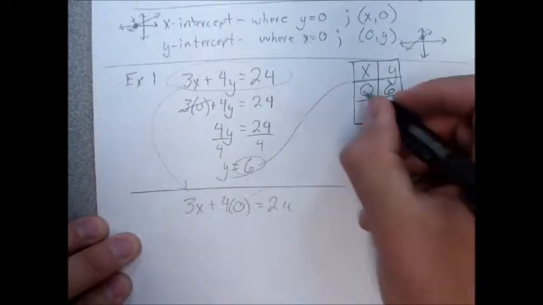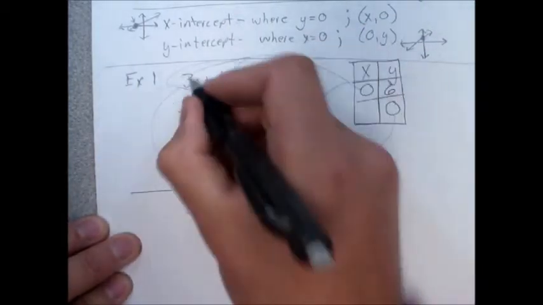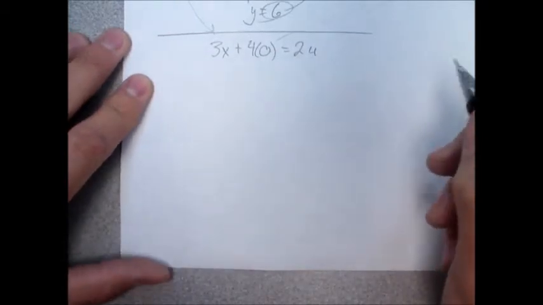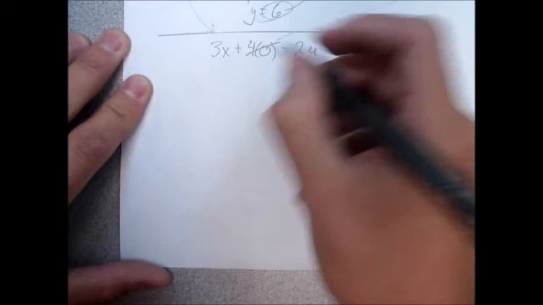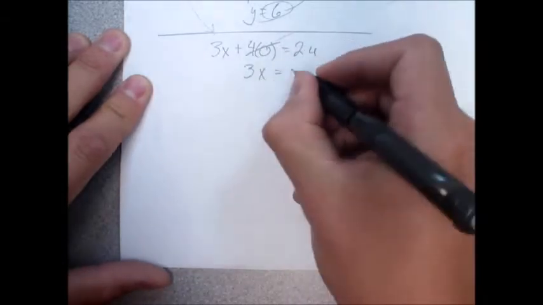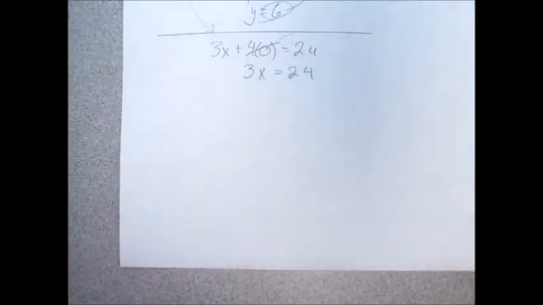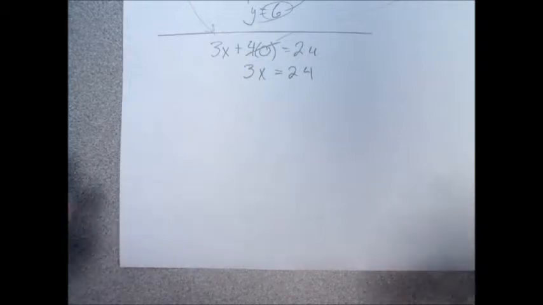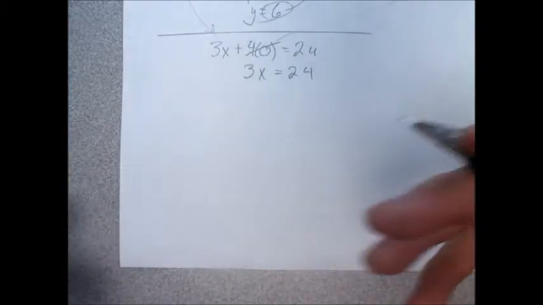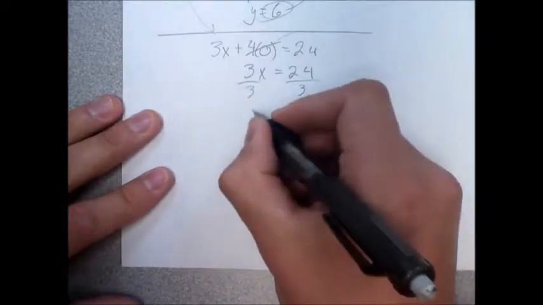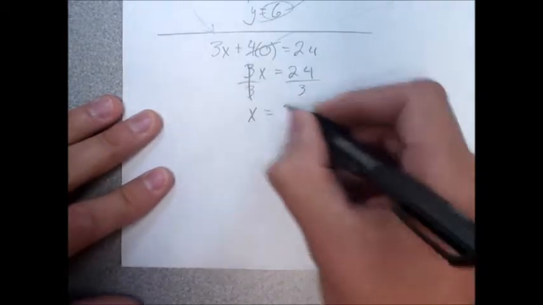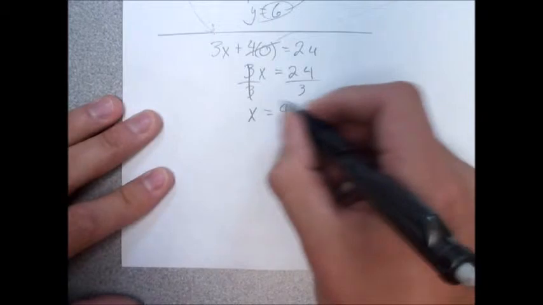And I just finished solving. 4 multiplied by 0 is 0. 3x plus 0 is just 3x. And it equals 24. You're probably already starting to see an easy way to skip a few steps. So I finish solving, divide it by 3, divide it by 3. X then equals 8. And then I take my 8 and I move it to my chart, plug it in right there.